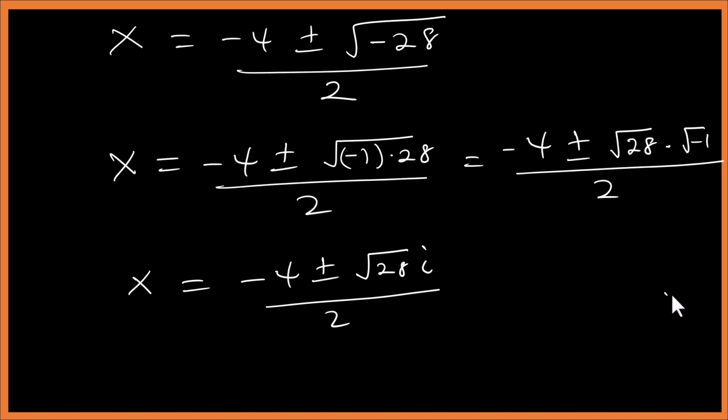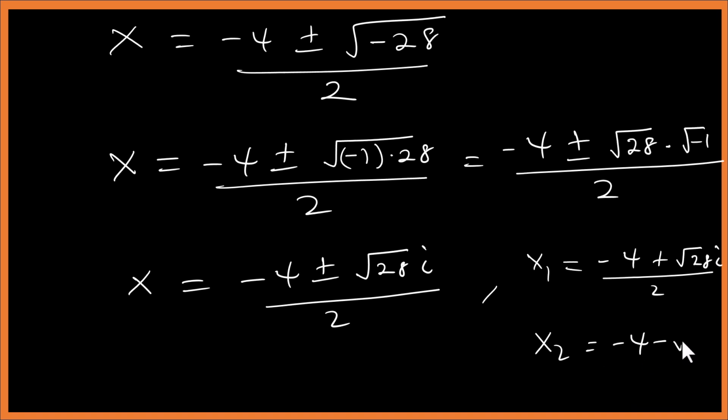The first one, x1, will be minus 4 plus the square root of 28 i, on 2. Then x2 will be minus 4 minus the square root of 28 i, on 2.